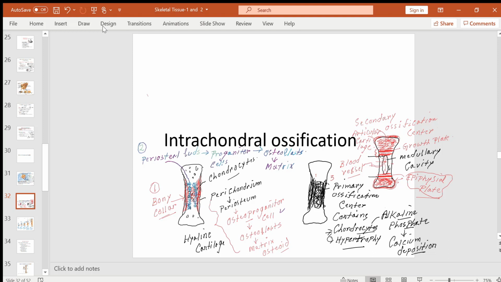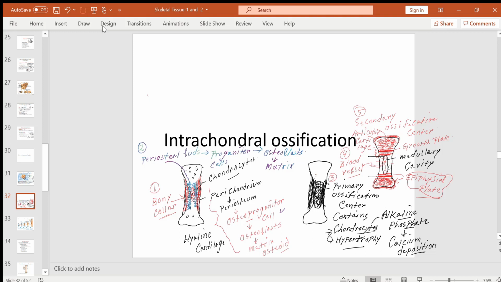Now if I just quickly go over it, then you will understand. First, the fetal skeleton is hyaline cartilage, right? So this is one piece of hyaline cartilage that will become a bone. First, the covering of the cartilage is called the perichondrium.